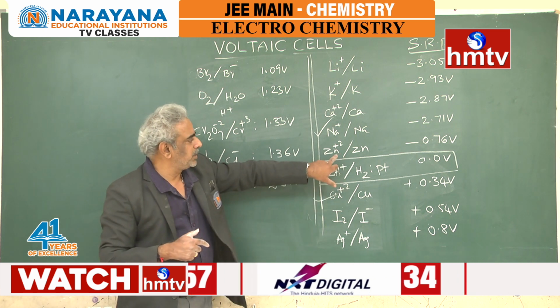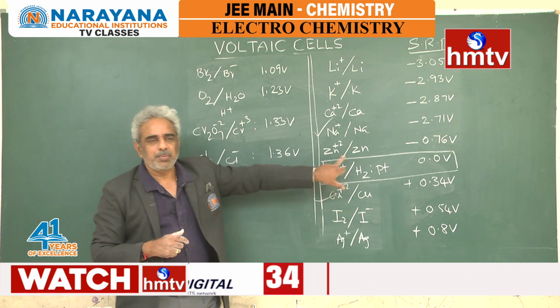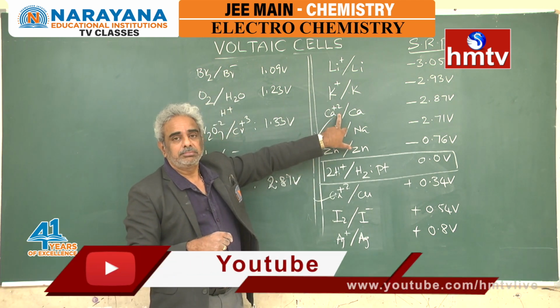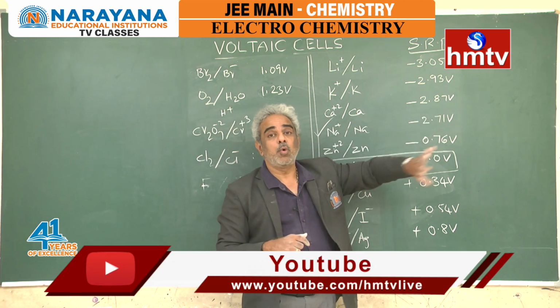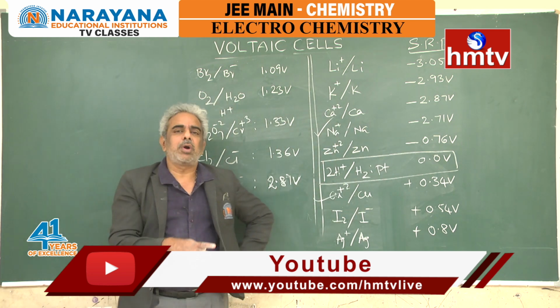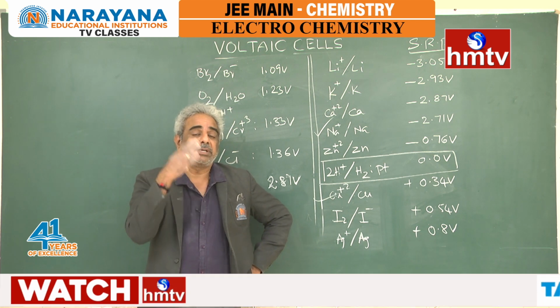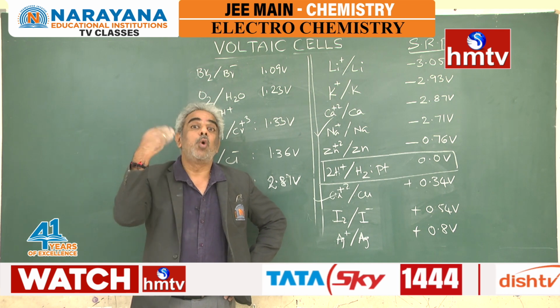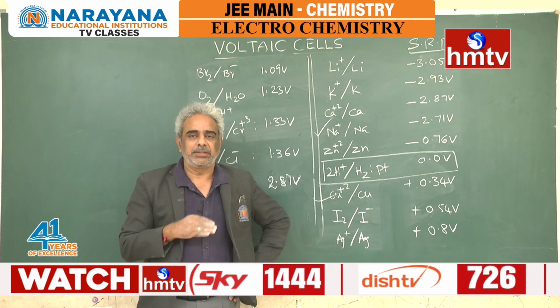If you see zinc, its reduction potential is minus 0.76, whereas for calcium, minus 2.87, more negative. More negative means it does not want to undergo reduction. So the tendency for calcium to undergo oxidation is more than that of zinc.